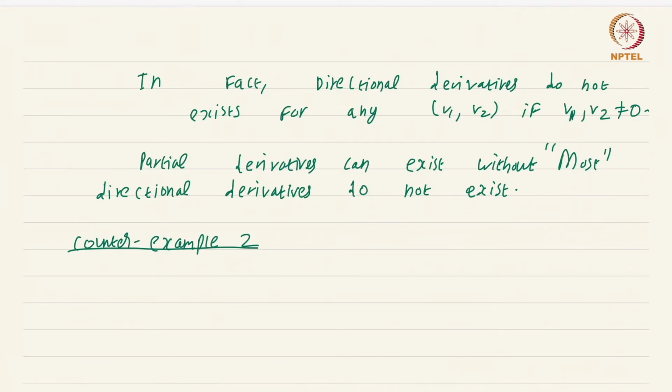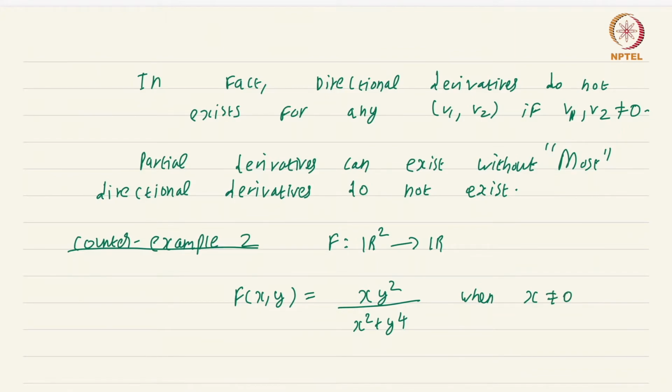So again, consider f from R2 to R given by f(x, y) equal to x y squared divided by x squared plus y to the power 4 when x is not equal to 0, and 0 when x equals 0.